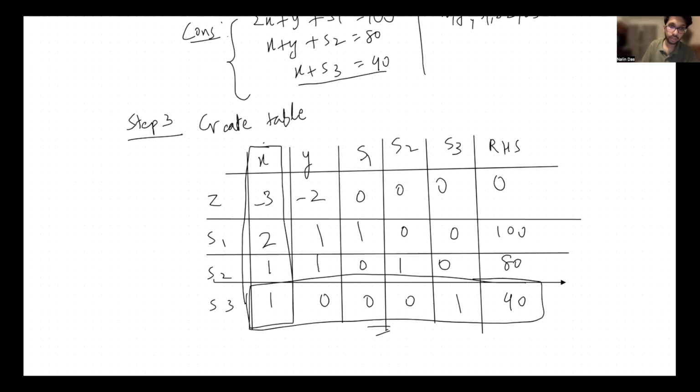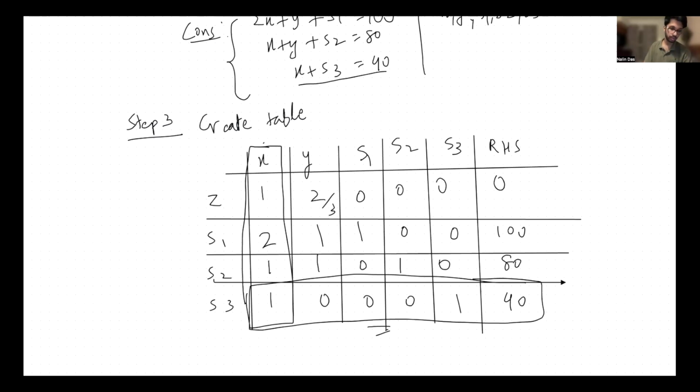Now, in order to make this 1, we divide everything by -3. So this becomes 1, this becomes 2 by 3, and so on.